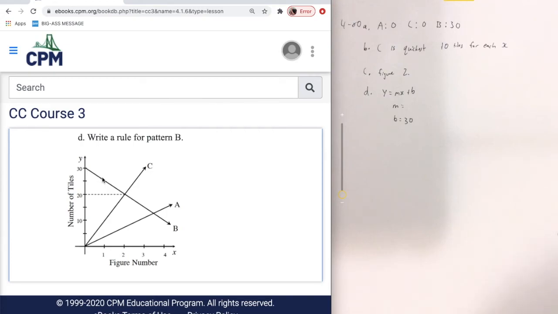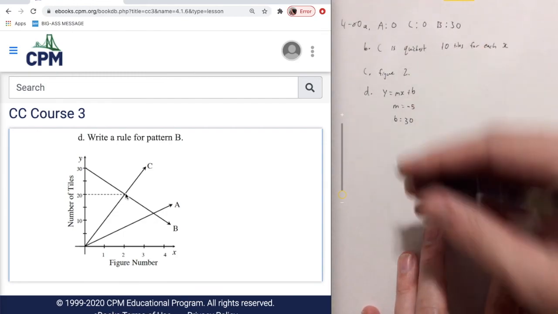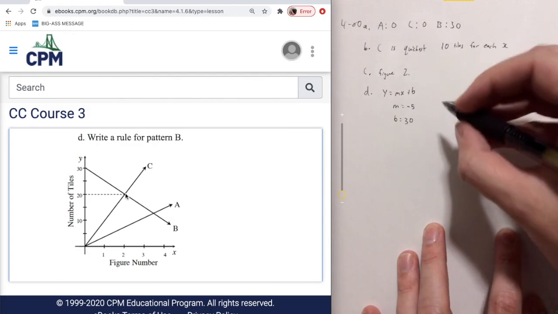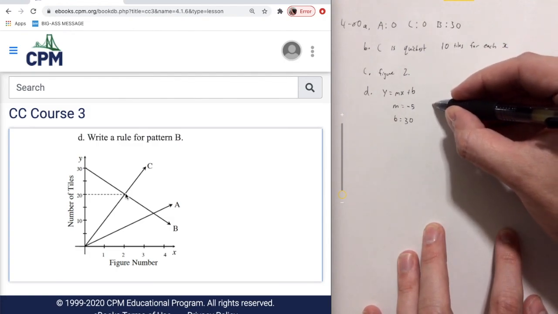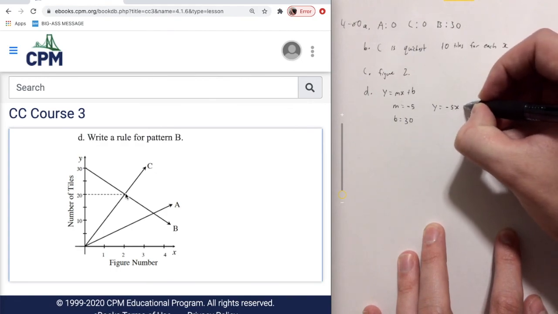And if we go down another x, so it's 2, we're now down at 20. So each time it's changing by 5 tiles, but it's decreasing by 5 tiles. So we know m is going to be -5, the negative being because it's decreasing. So the rule is going to end up looking like y equals -5x plus 30.